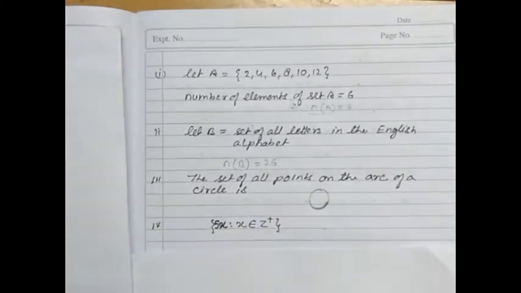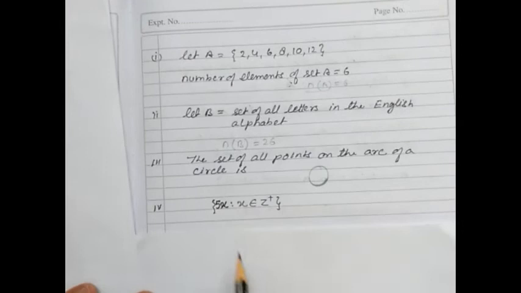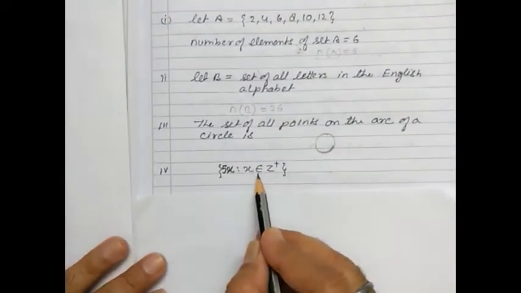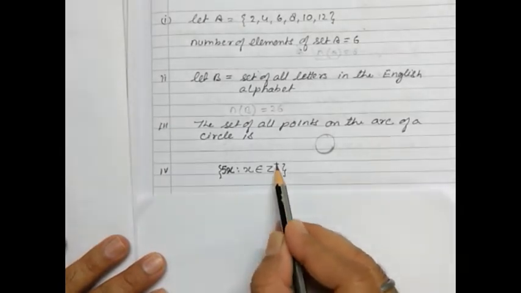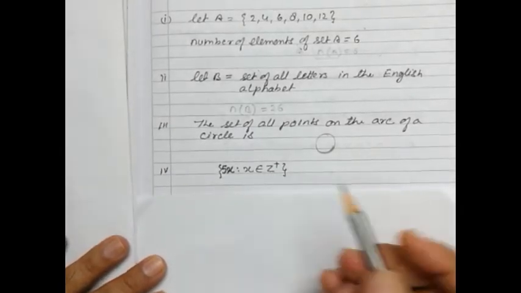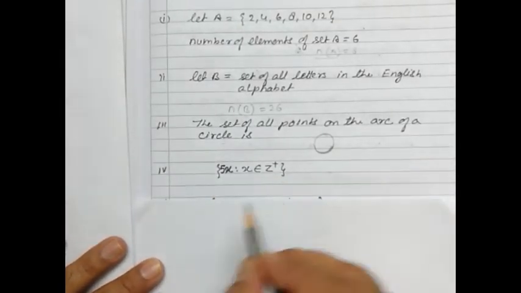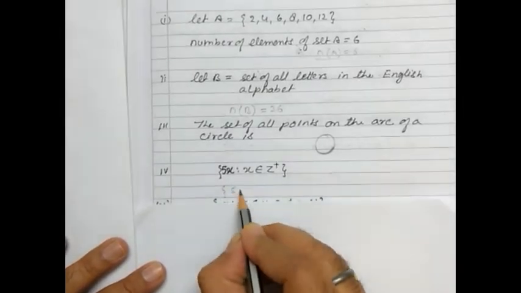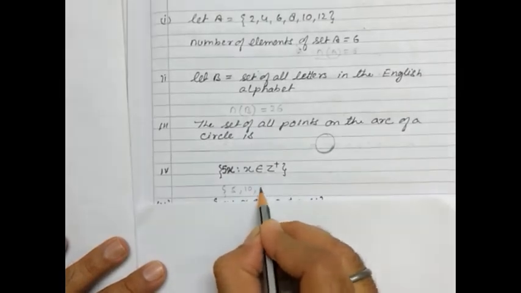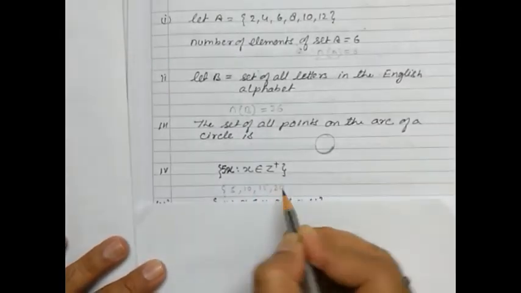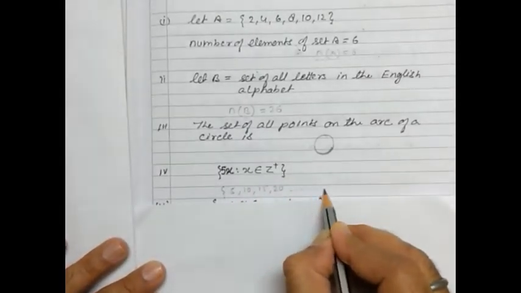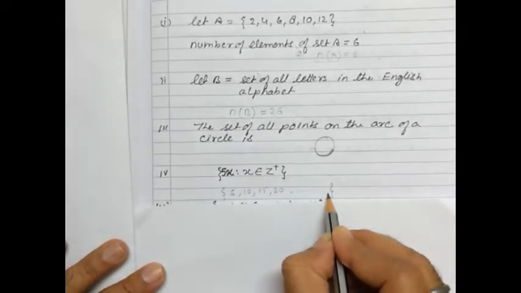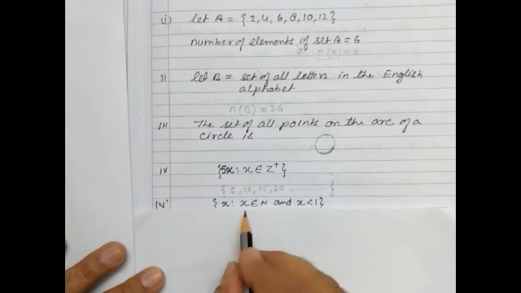Now we see further, this statement says 5x is such that x belongs to Z positive, that means positive integers. If we write down the elements of this set, we will have 5, 10, 15, 20 and so on, isn't it? Will our counting finish? No, our counting will not finish.